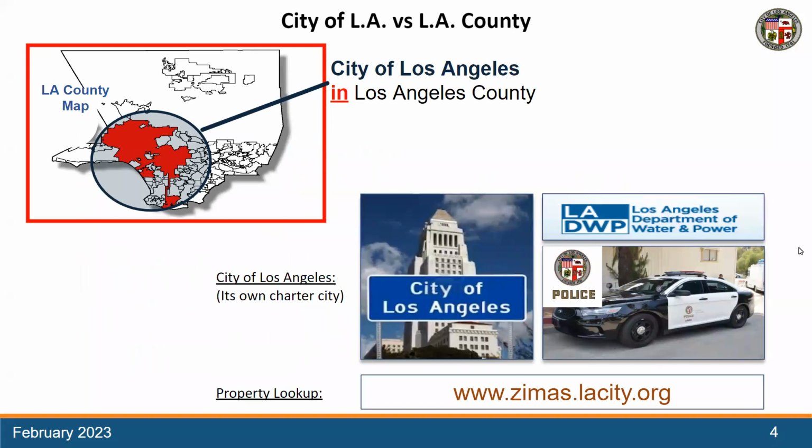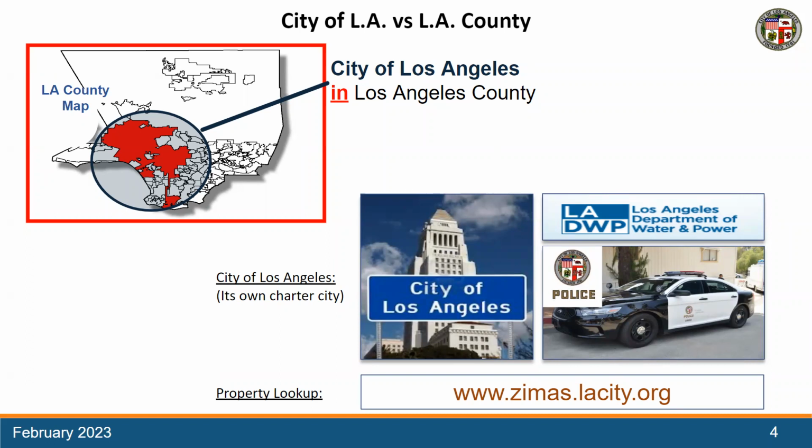Okay, this next slide covers what I mentioned earlier about distinguishing between City of LA and LA County rental units. A very simple way to determine if you're located in the City of LA is to review your utility bills. If you pay your water or power bill to the Los Angeles Department of Water and Power, you're located in the City of LA.